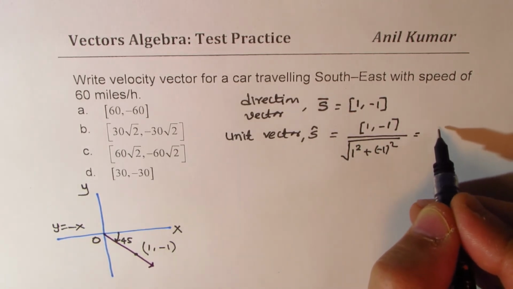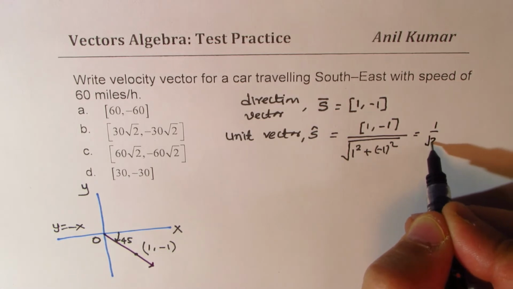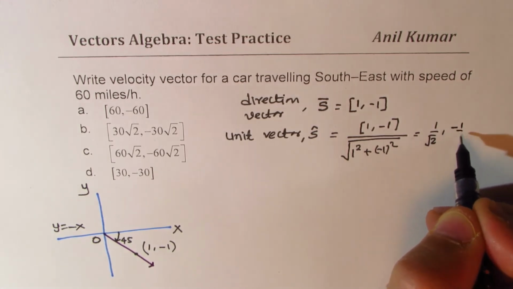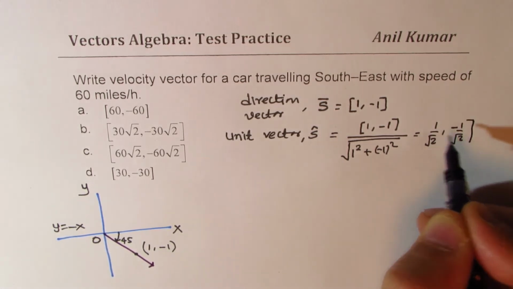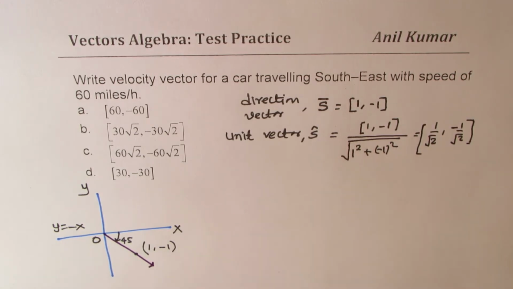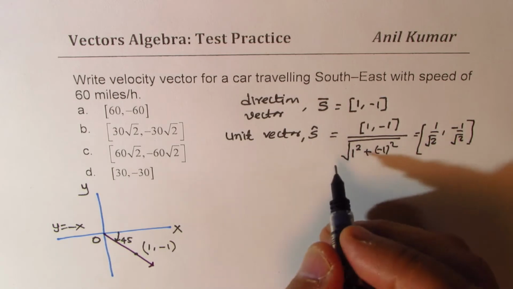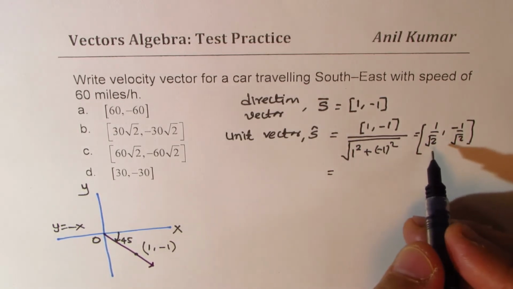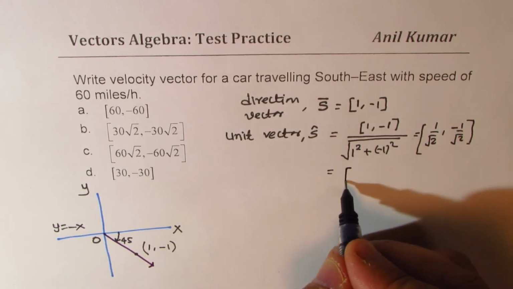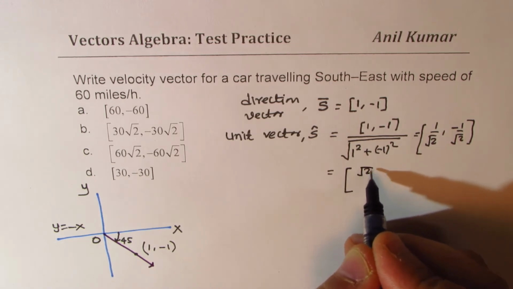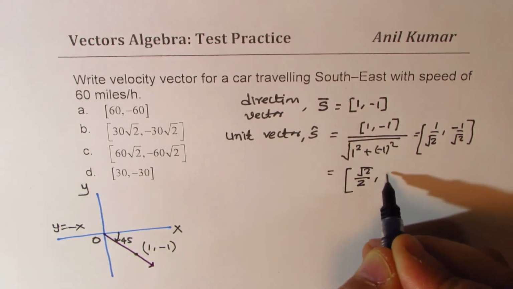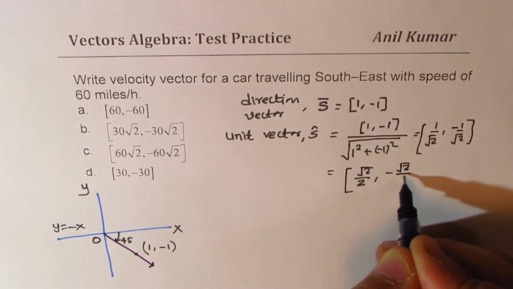So that gives you 1 over square root 2 and minus 1 over square root 2. So that becomes the unit vector in this particular direction. You could also write this as, rationalizing, square root 2 over 2, minus square root 2 over 2.